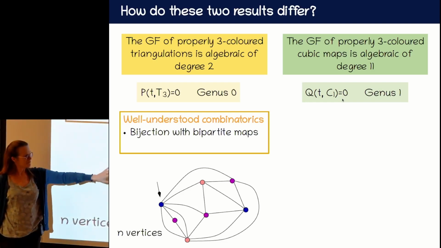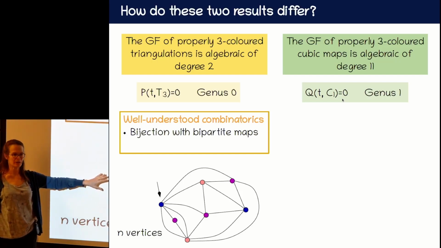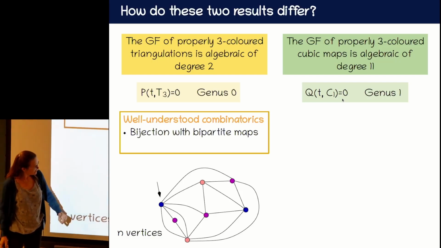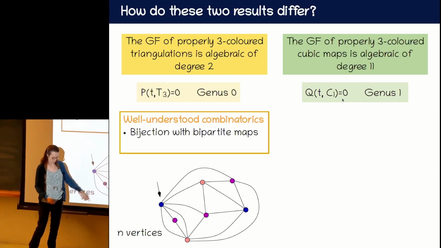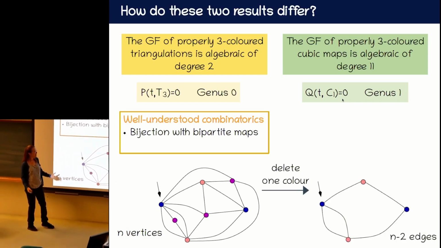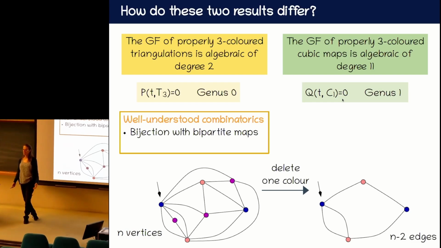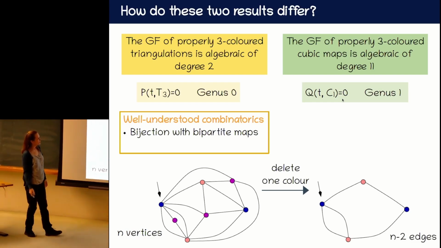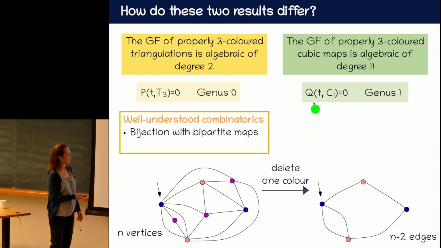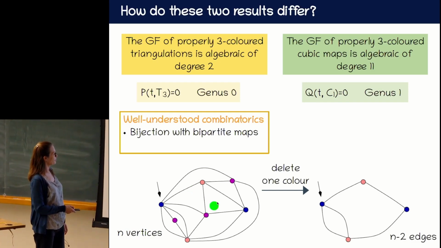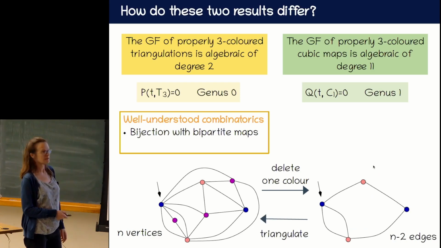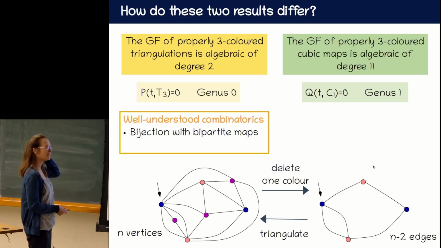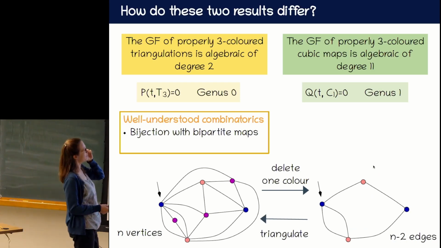You start from your favorite three-colored triangulation, and you delete the vertices of one color, so the purple ones. And so there are two colors left. What you have is a bipartite map. And to go backwards, you put one of these purple vertices that we deleted inside every face, and you triangulate every face, and you're back. So these two counting problems are the same.